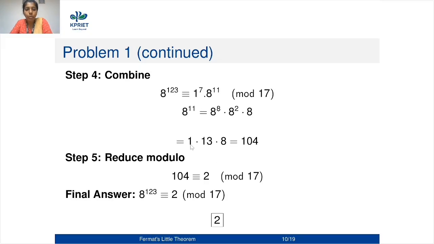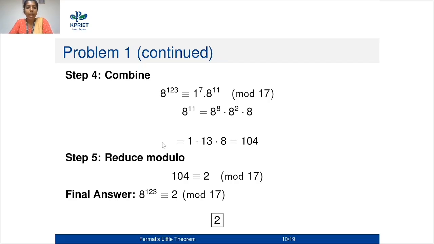So I can write it as 1 into 13 into 8. The final answer is 104. If I divide this 104 by 17, the remainder I get is 2. So for this problem, when 8^123, this huge number, is divided by 17, I get the answer 2 when solving using the positive remainder.